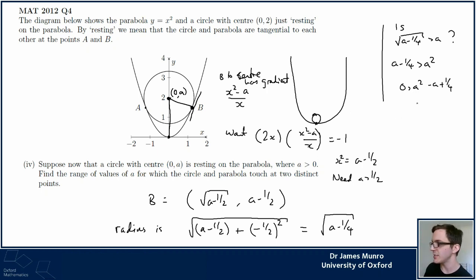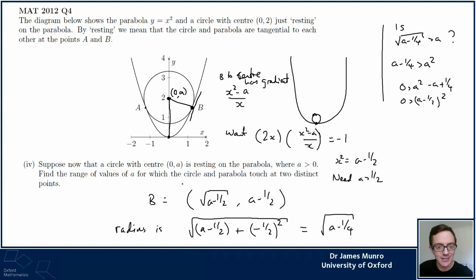So that happens if A is big enough, if A is bigger than, oh, okay, that always happens, because that's just that, isn't it? Cool, okay. So I think I need A bigger than a half for these points to exist, and if A is bigger than a half, then it does work out that that distance is shorter than A.